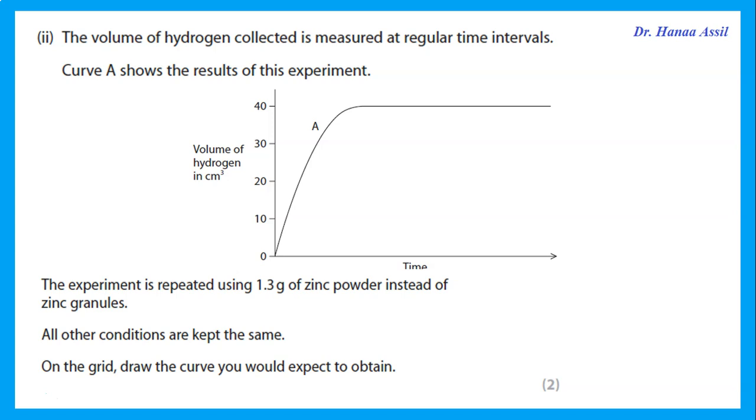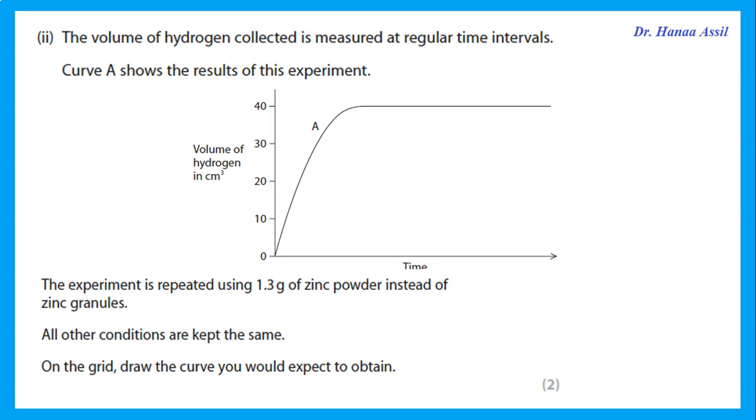The volume of hydrogen collected is measured at regular time intervals. Curve A shows the results of this experiment. The experiment is repeated using 1.3 grams of zinc powder instead of granules. Granules means pieces. So if we use powder instead of pieces, is that faster or slower?